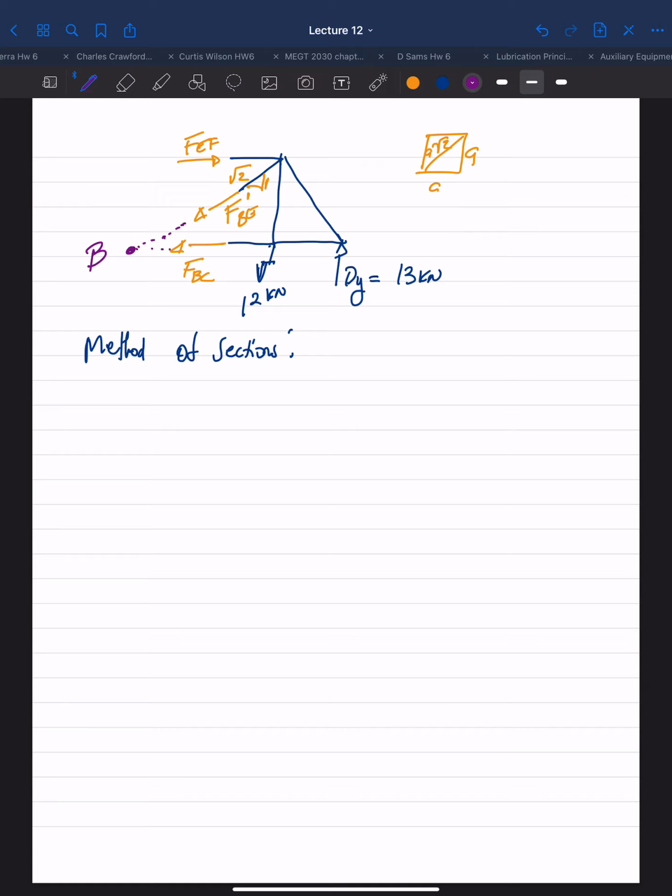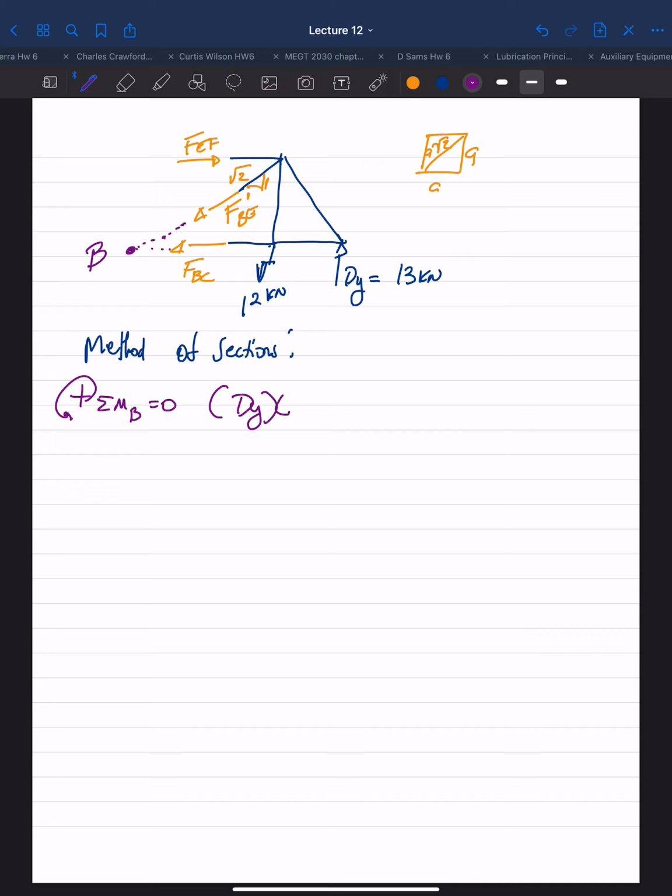Okay. So if I take the sum of the moments about point B, I can ignore FBE and FBC and worry about FEF. So about point B, dy creates a positive rotation.